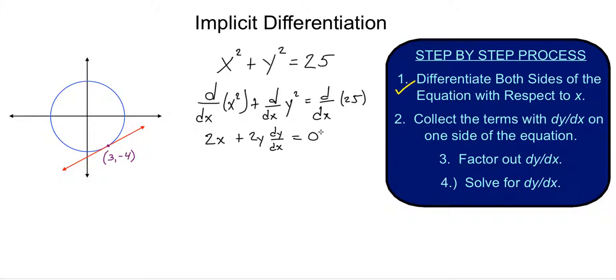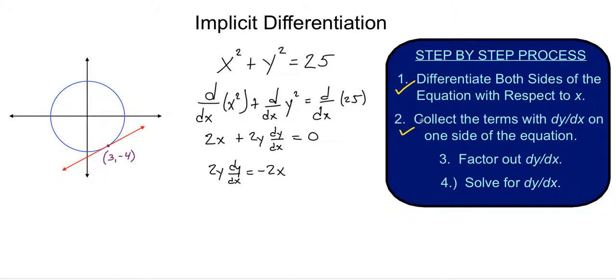The next thing we have to do is collect the terms with dy/dx on one side of the equation, getting 2y dy/dx by itself. That means 2y times dy/dx is going to equal negative 2x. This is step 2: collecting the dy/dx terms on one side.